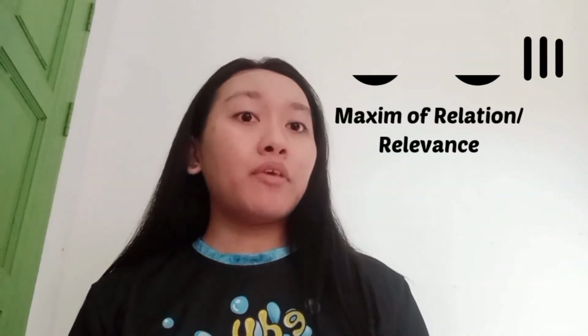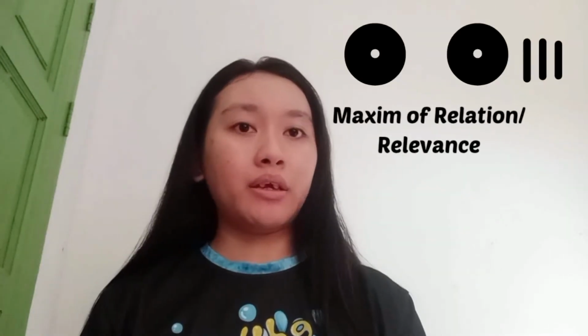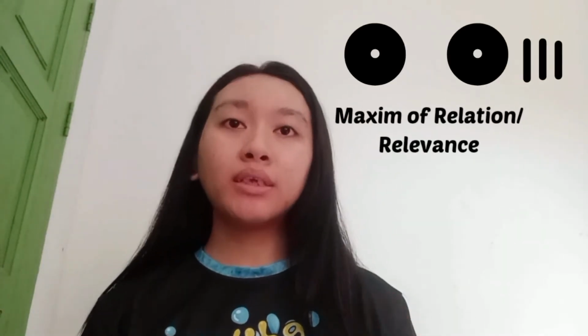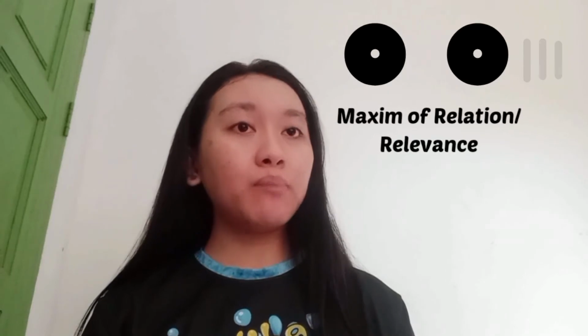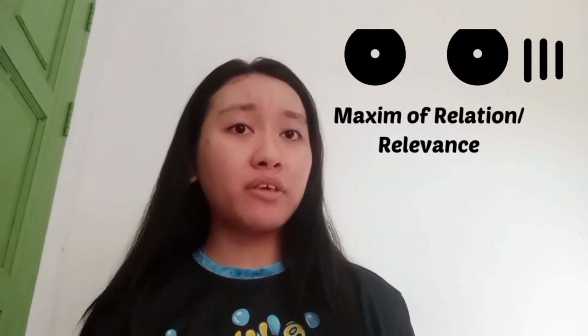So, did you get what happened? Which one of them is actually a weird person? Is it the first girl or the second girl? See, the maxim of relation was violated here. Someone who constantly violates the maxim of relation by responding with irrelevant utterances will have a bigger problem.